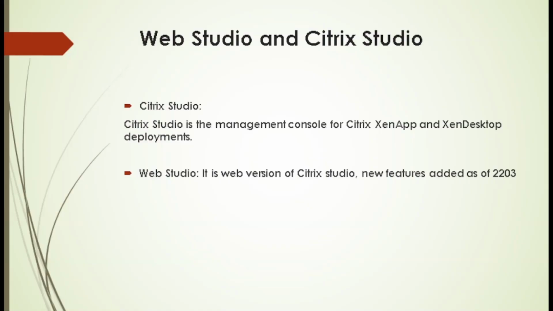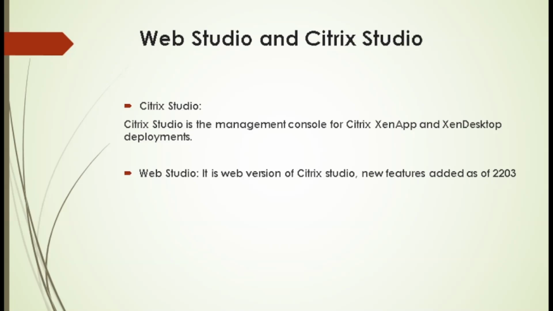Once it is installed, we need to configure it, and I will show you how to configure that. After that, you can use that studio to manage your Citrix site. For Citrix Studio, we need to install that component on each and every machine from where you want to manage. But for Web Studio, it will be accessed through the URL only.